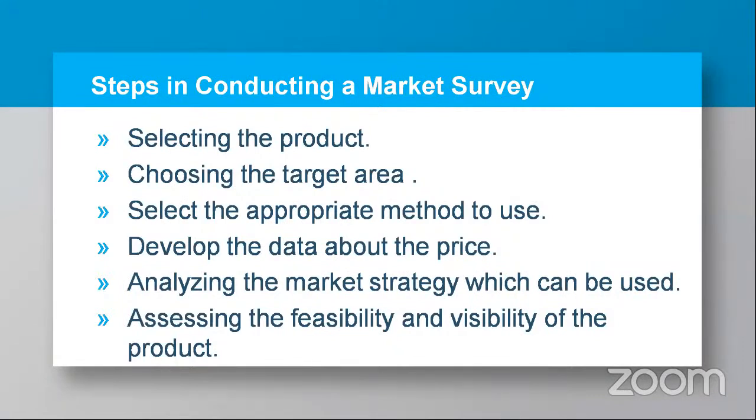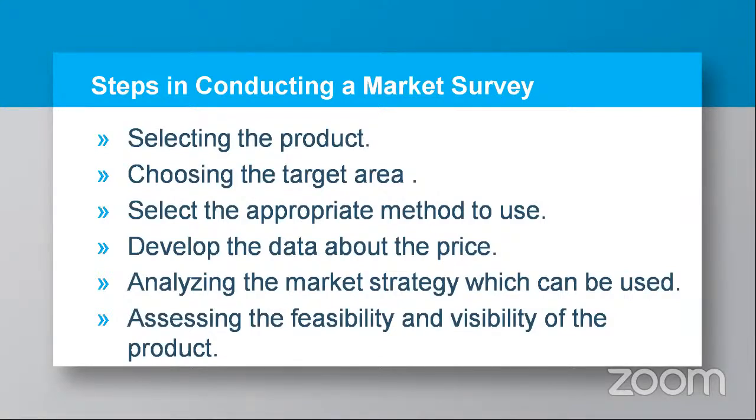Then step number 2, choosing the target area. So what does it mean? You look at an area where you are going to concentrate in regards to selling your products. That is the area where you conduct your market survey to see that those people will be in position to buy your products.